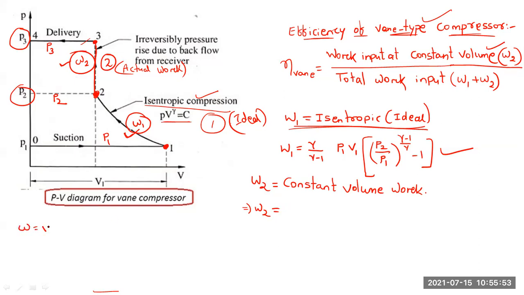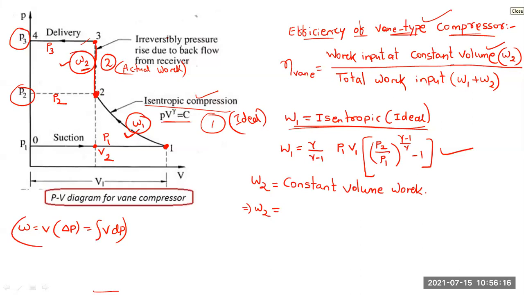Work done in terms of volume is V into change in pressure, delta P, the integration of VdP. Same formula only we are writing. So for this one, what is the volume? Because we are calculating W2, in this line suppose the volume is V2.